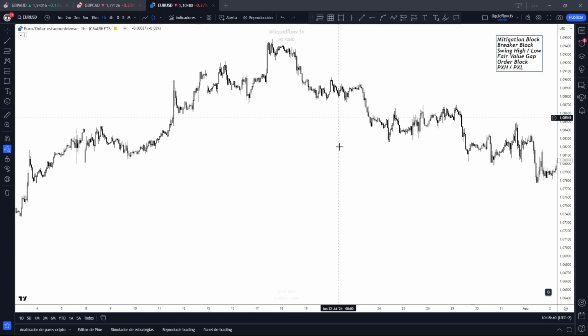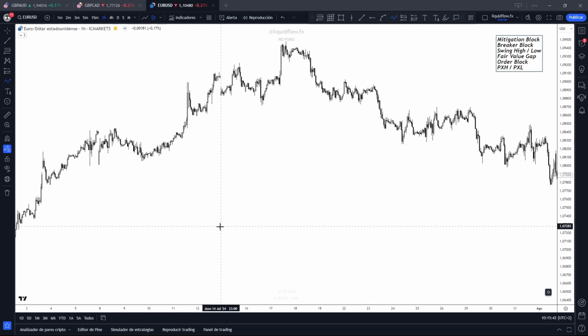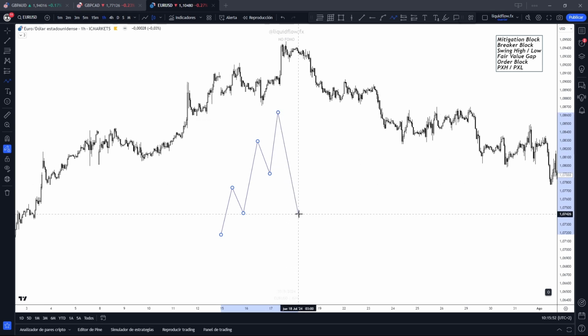Second, breaker block. Okay, what is a breaker block? A breaker block is another block that doesn't get respected. So let's see. 1, 2, we have that movement, and then the market broke.